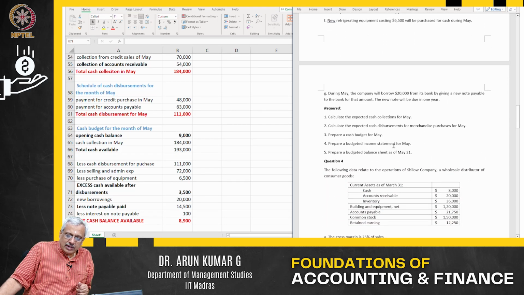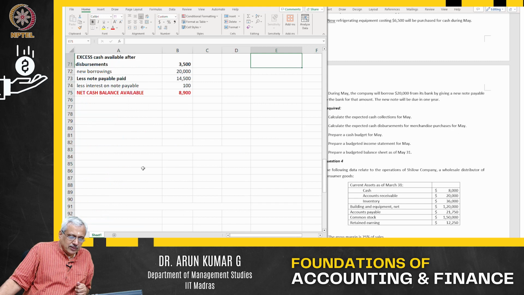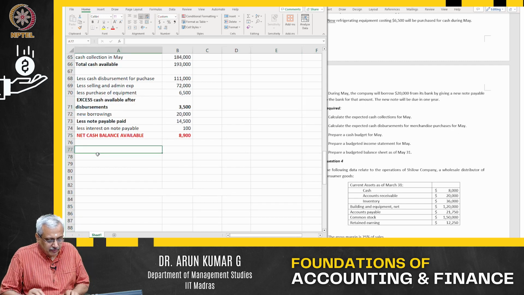What does it say? Prepare a budget income statement and balance sheet. Let us look at the budget income statement for the month of May.